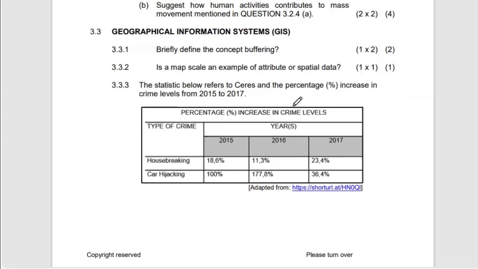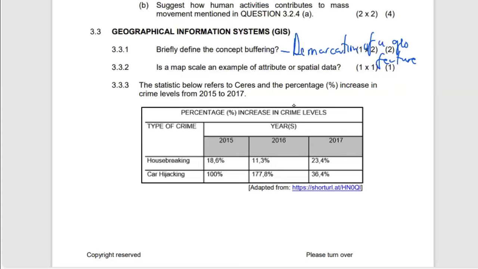Right. Briefly define the concept buffering. We are on GIS question 3.3. When we're talking of buffering, we are looking at a demarcation. The concept buffering refers to demarcation of a geographical feature, otherwise, putting a boundary.